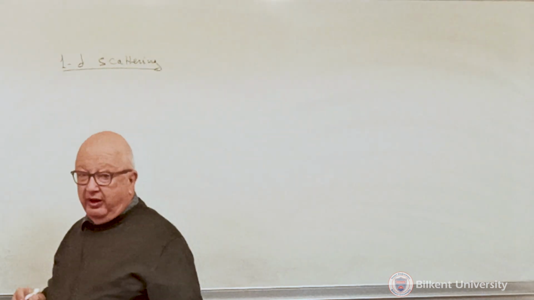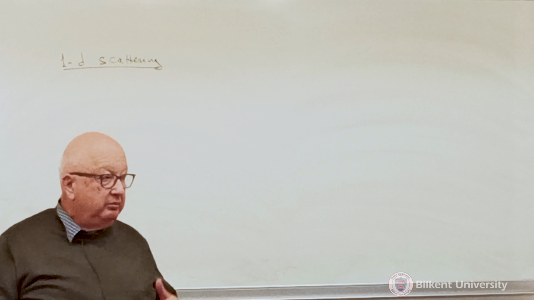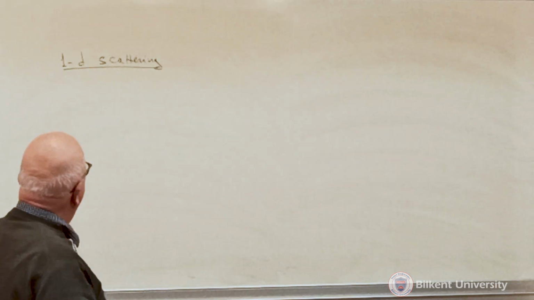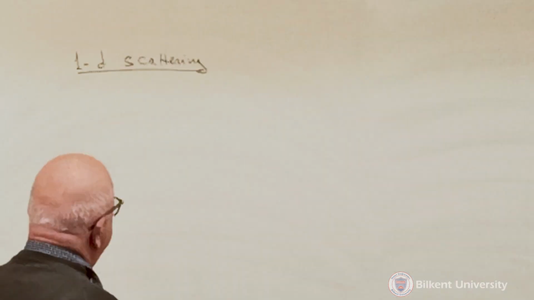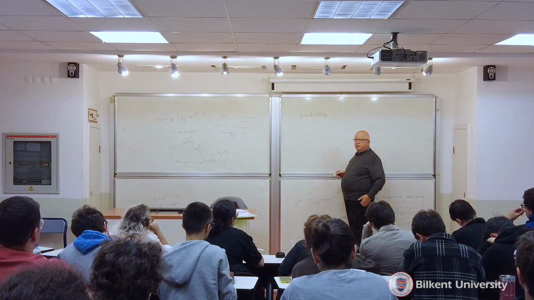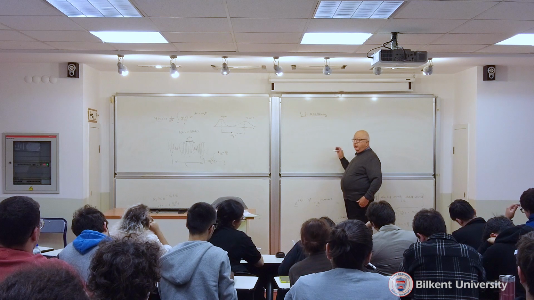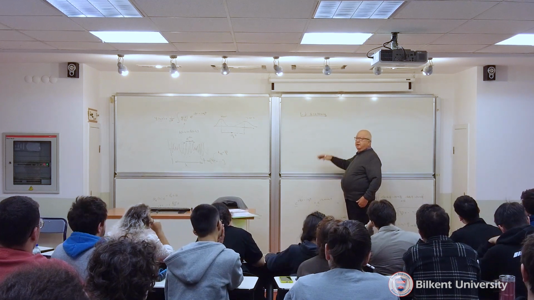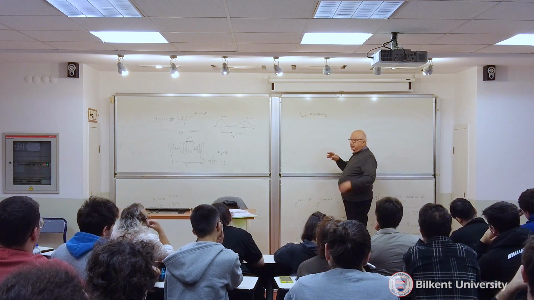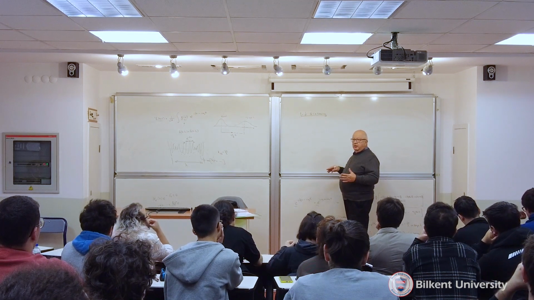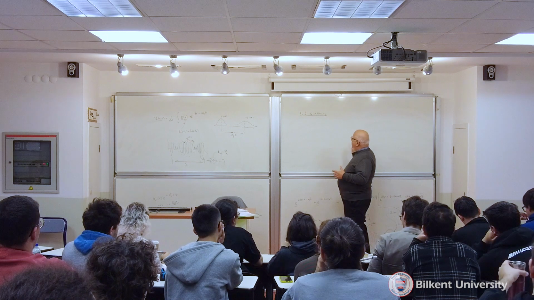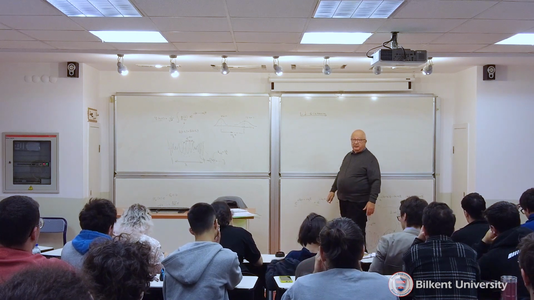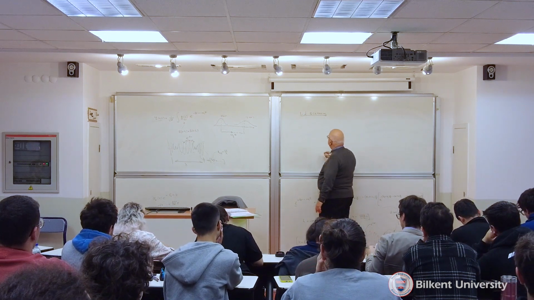We are going to now start with simple problems in which we have free particle type of solutions to the Schrödinger equation at negative x and at positive x, but something in between, so that we are interested in how much of the particles are being reflected and how much is being transmitted.